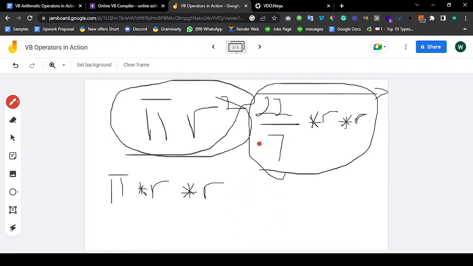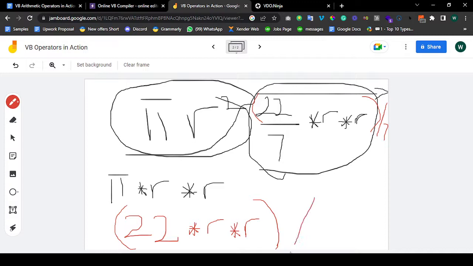What I can do is decide to wrap this one, then when I'm done, I'll divide everything by 7. So I'll open a bracket, 22 multiplied by r multiplied by r again, then close the bracket, divided by 7.